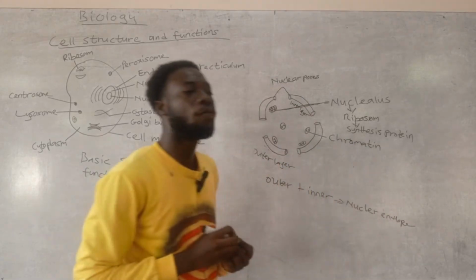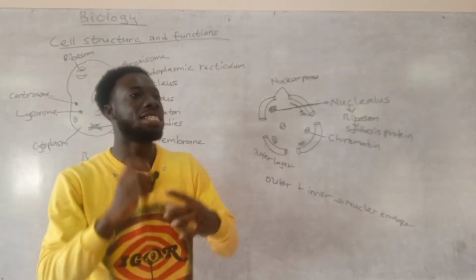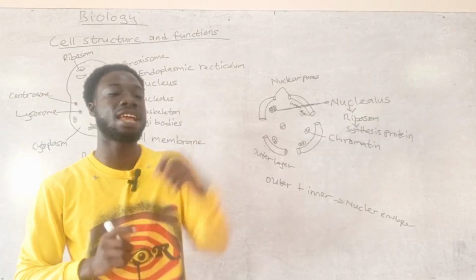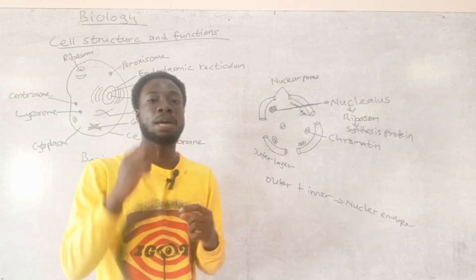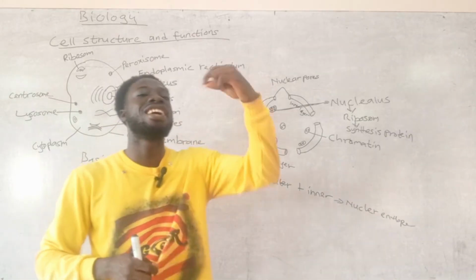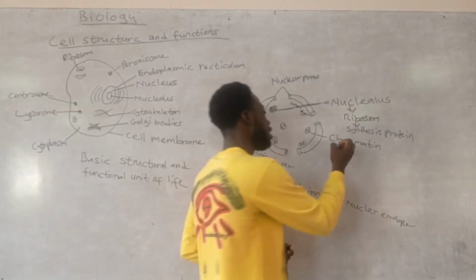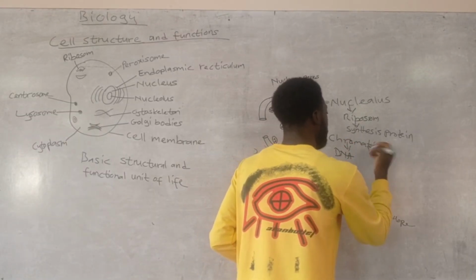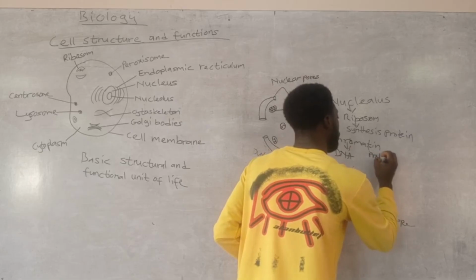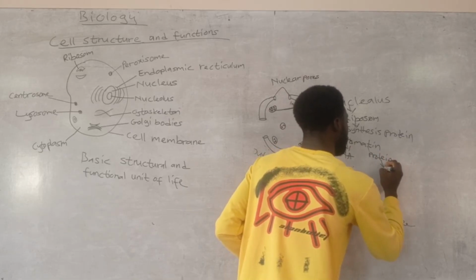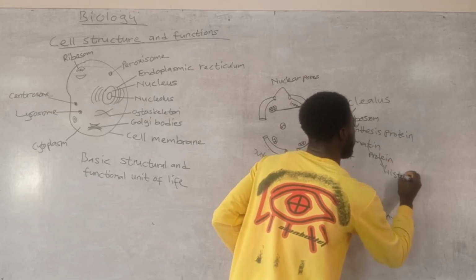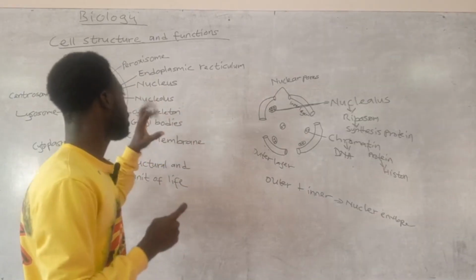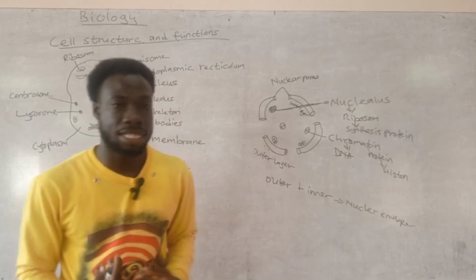Now, what is the function of chromatin? Now, the chromatin is in two parts. One, it produces what we call DNA and also produces another protein, and that protein is called histone. Chromatin produces DNA and a protein called the histone. Now, in the beginning, I told you that the nucleus runs genetic materials.